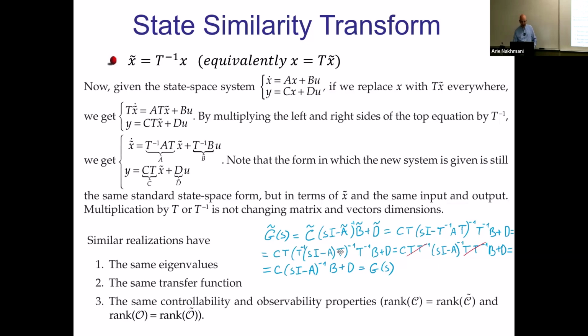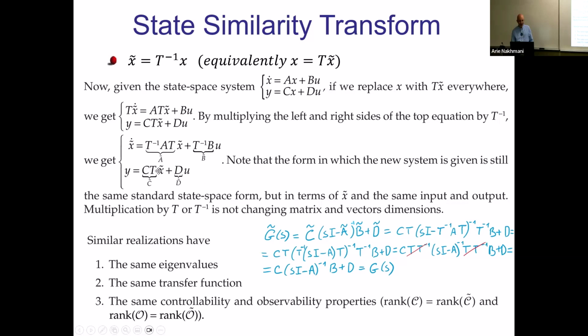So let's say you have that new G tilde transfer function, and I want to show that this is the same as the G transfer function for that particular system after I substitute all of these matrices. Everything will cancel out somehow in the middle, all of the T part. So let's see how it goes. This is the formula that we are using: C tilde times sI minus A tilde, or it could be z, which is discrete time, inverse, times B tilde, plus D tilde. So let's substitute all of these definitions that I have here.